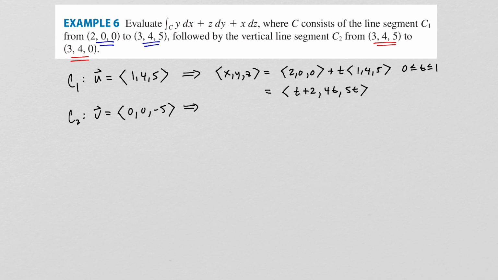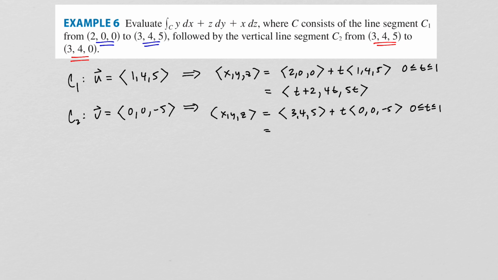Okay, the parameterization for the second curve is very similar. We're going to say x, y, z equals the initial point, which is now 3, 4, 5, plus t times the direction vector, which is 0, 0, negative 5. And again, t is between 0 and 1. It's okay for these to have the same values for t because we're going to do two separate integrals anyway.